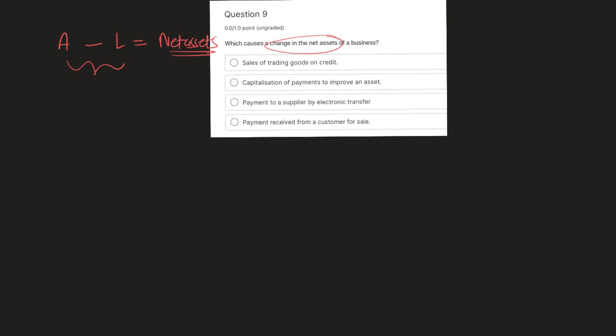Now, if we start with transaction 1, sales on credit, the dual impact is to debit receivables and to credit a sales account. Okay, now if we think about the receivables, that is an asset category ledger, and the sales is going to be part of your profit. Okay, ultimately, it's going to feed into the capital section.